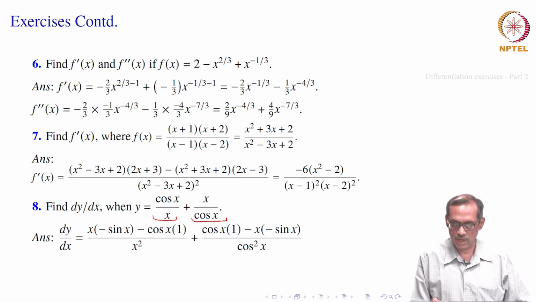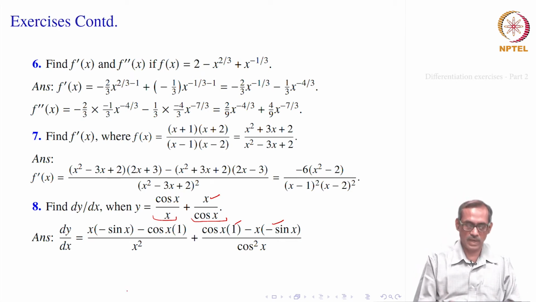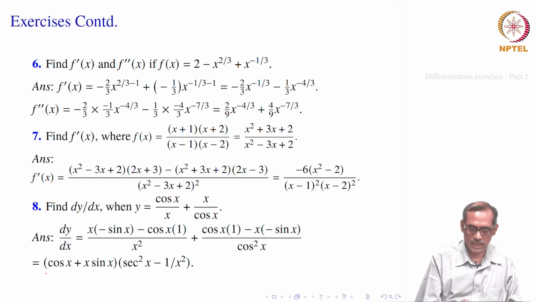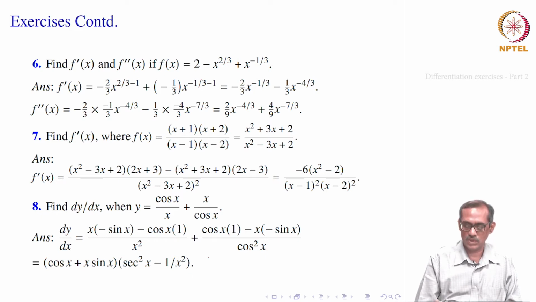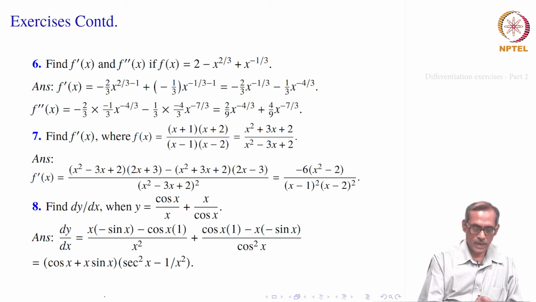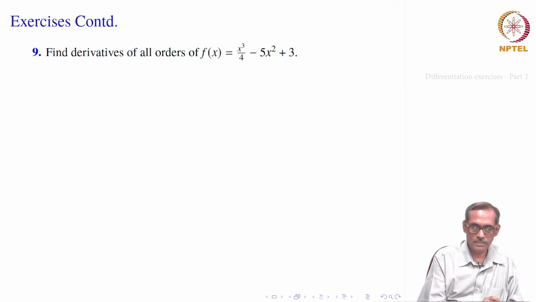And the second one similarly cosine x into differentiation of x, which is 1, and minus x into differentiation of cosine x, which is minus sin x, divided by cosine square x, and we simplify, that gives cos x plus x sin x into secant square x minus 1 by x square. So, you should verify it later, whether this is correct or not. Okay. So, we go to the next problem.